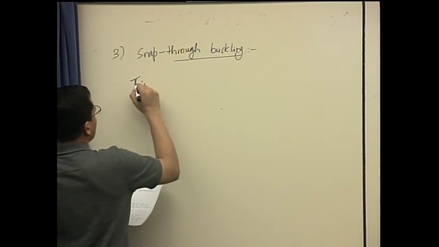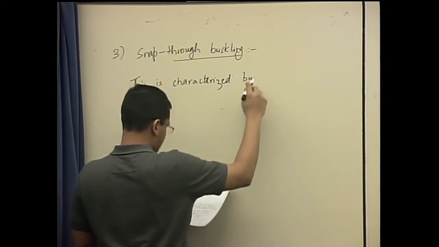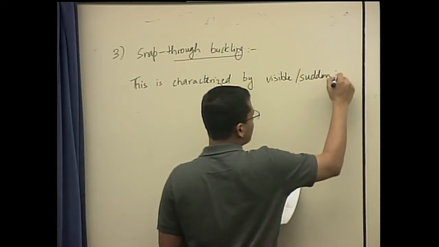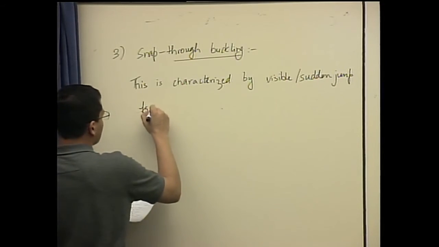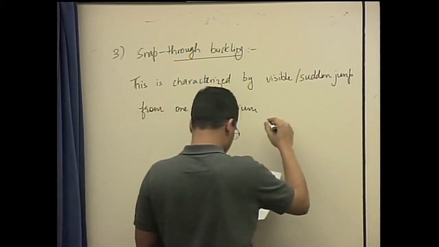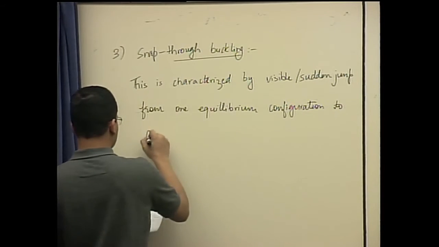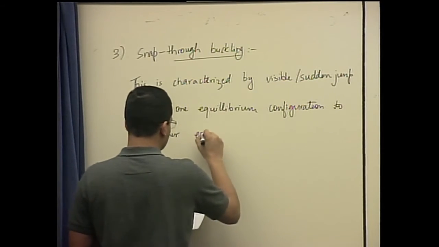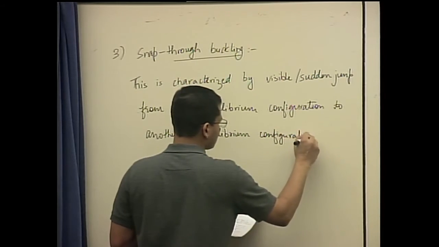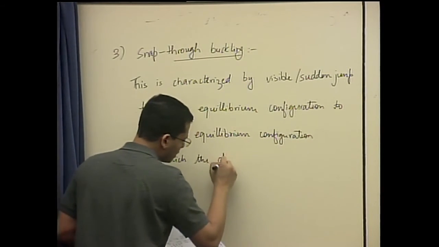This is characterized by visible or sudden jump from one equilibrium configuration to another equilibrium configuration, for which the displacements are large.